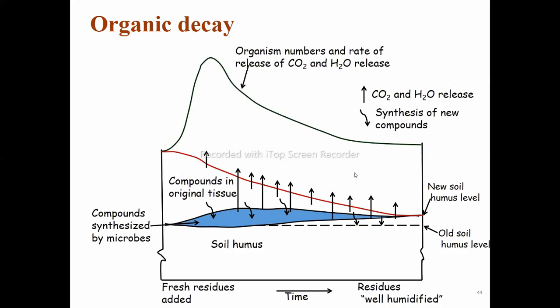Just assume a marginal land, when you add fresh organic residues to the soil. What happens at the beginning is that the microorganisms start to consume the easily degradable organic materials. Understand that?